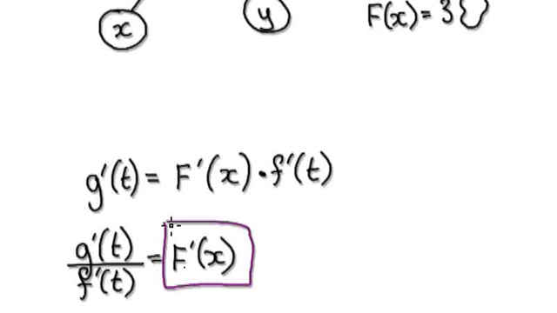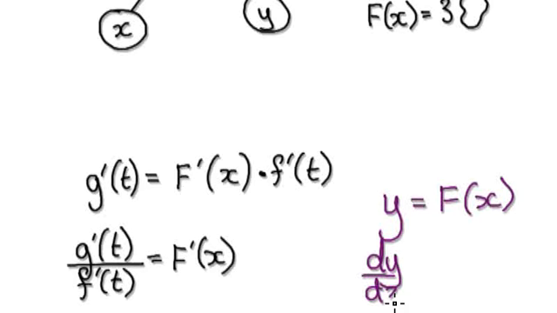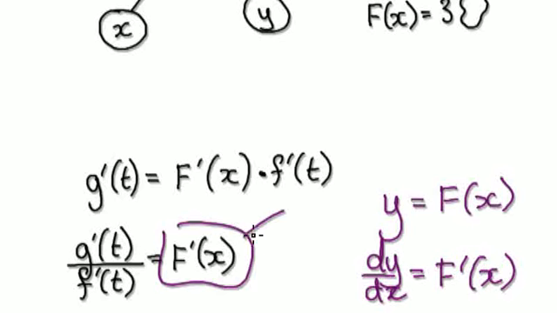When you look at this, remember right from the start we said y equals capital F of x. If you differentiate this with respect to x, you will have dy by dx, and then differentiate this with respect to x, that's the same as this. So this is really dy by dx.